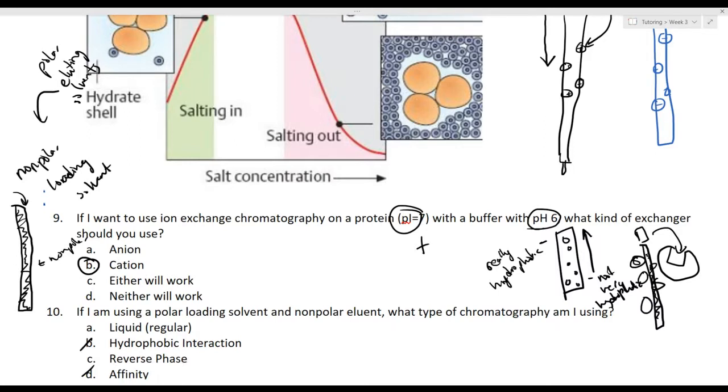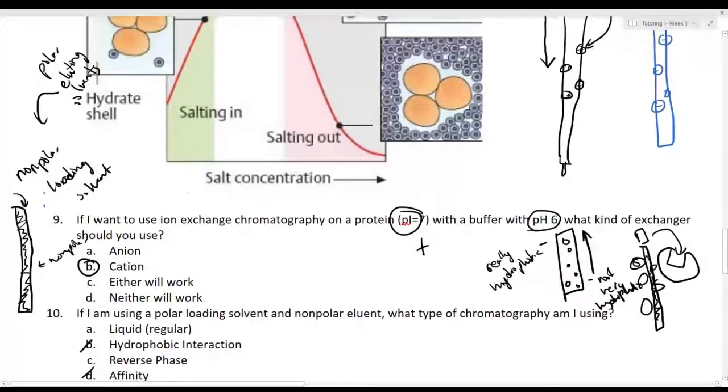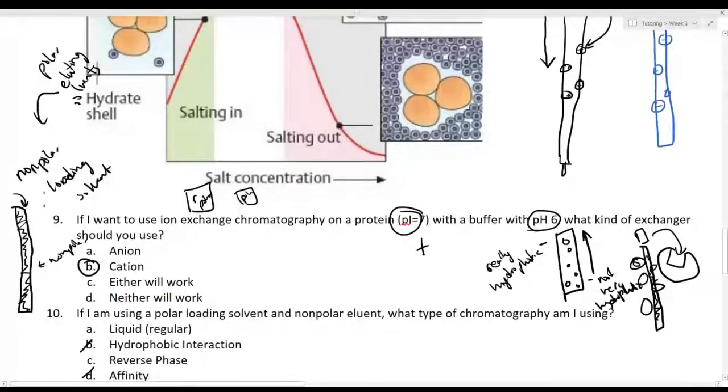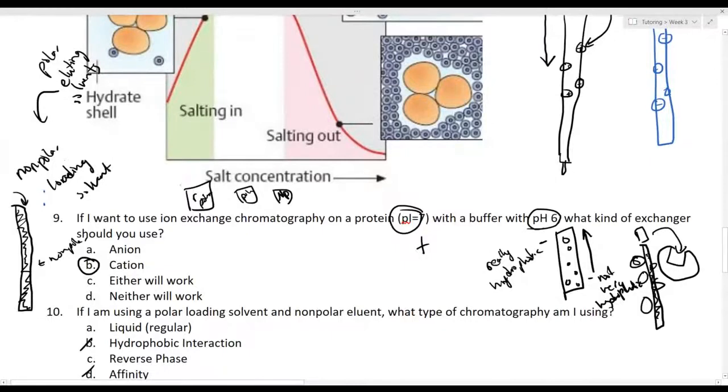So the question we have to ask ourselves is, if I have three things, one thing that's really, really polar, one thing that's kind of polar, and one thing that's non-polar, and I load it into this column, what I expect to see is three distinct bands.